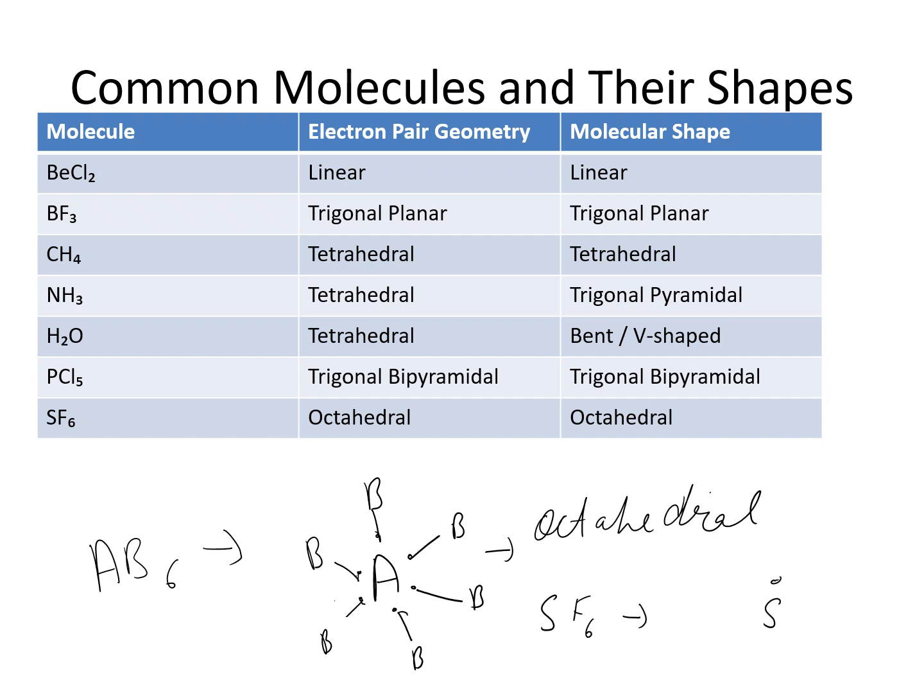Sulfur has 6 valence shell electron pairs, whereas fluorine has 1 electron in its last orbit. To complete their octet, they share electrons with the sulfur atom so that they all can complete their octet. So SF6 has octahedral geometry.